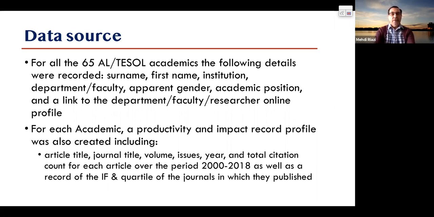And for each academic, a productivity and impact record profile was also created, including article title, journal title, volume, issue, year, total citation count for each article over the period, as well as a record of the impact factor and the quartile of the journals in which they published.